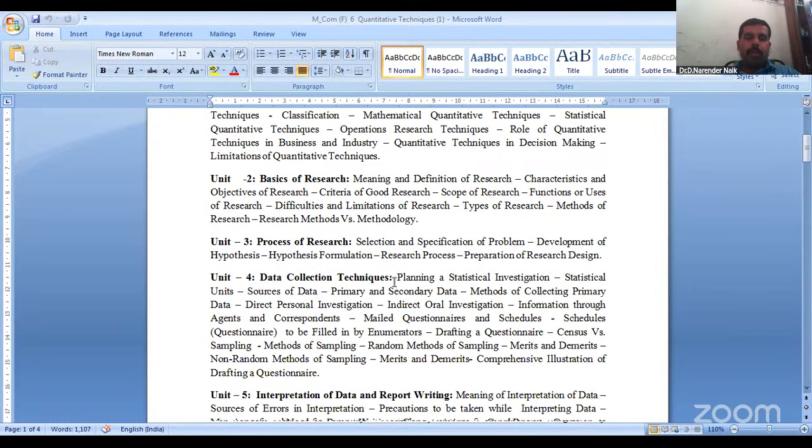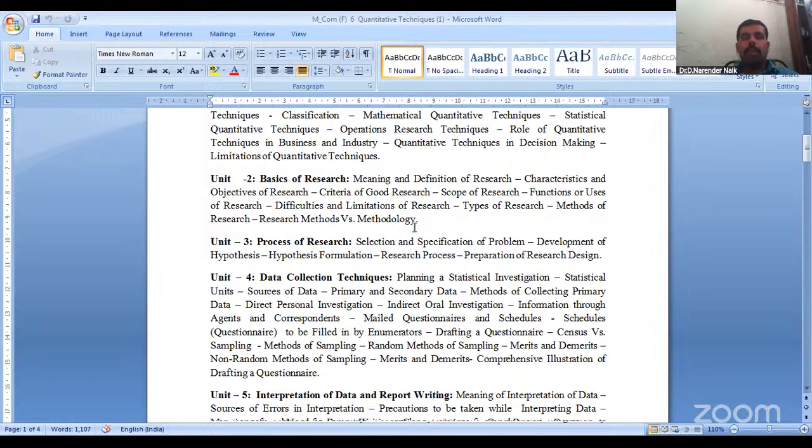And coming to unit number 2, see here, basics of research. Basics of research means here what actually the research needs. Why? Because for PG students, while they are pursuing their PhD program, research plays a vital role in their PhD program.